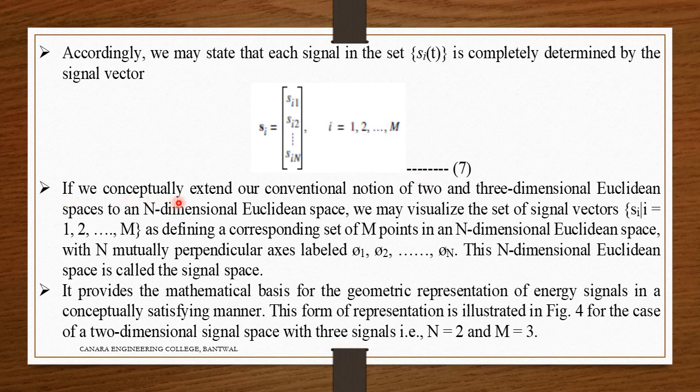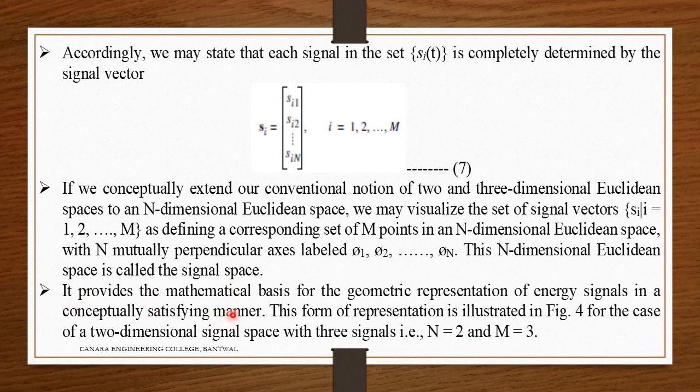If we conceptually extend our conventional notion of 2 and 3 dimensional Euclidean spaces to an N-dimensional Euclidean space, we may visualize the set of signal vectors si, i equals 1, 2, so on up to M, as defining a corresponding set of M points in an N-dimensional Euclidean space with N mutually perpendicular axes labeled phi 1, phi 2, so on up to phi N. This N-dimensional Euclidean space is called the signal space.